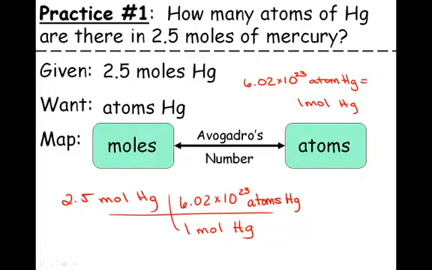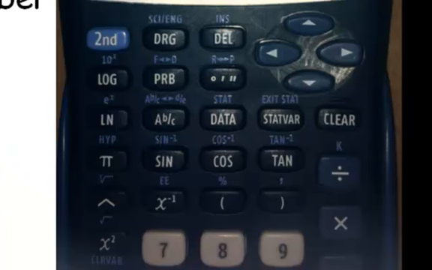Now, let's enter it into the calculator. Using our calculator, we're going to plug in our 2.5 times 6.02, and we're going to use our E function.